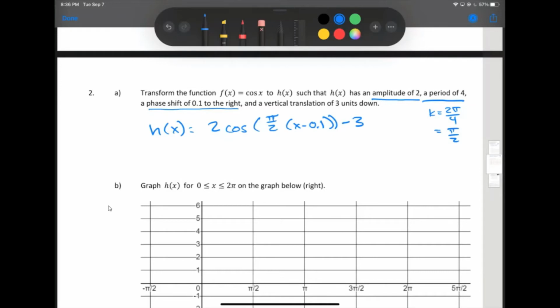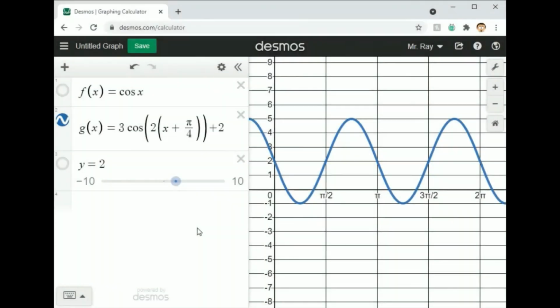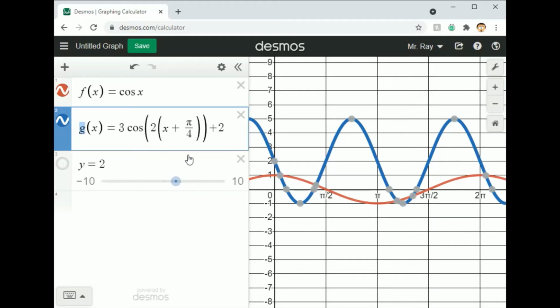Okay. Same idea. Let's switch over to Desmos and see if that looks correct. So I'm going to leave the base cos function there, and I'm going to modify this one. Get rid of that. Actually, I'll leave that there for a second.